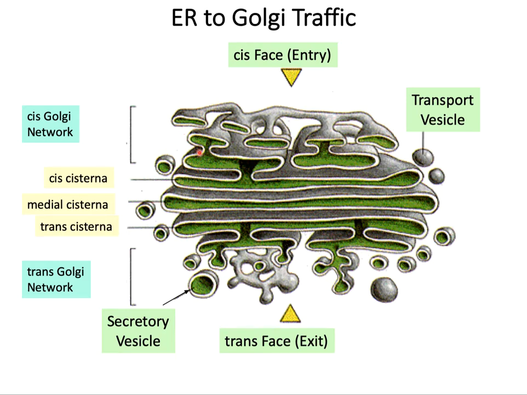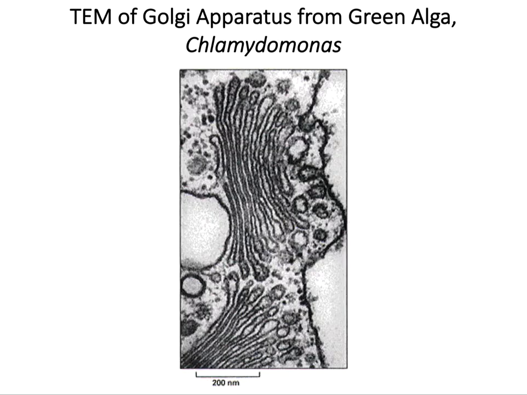When you look at the transmission EM of the Golgi apparatus, you can easily see these swarms of vesicles, and these vesicles are fusing to form the Golgi from the ER, or leaving the Golgi to deliver the protein cargo to the other parts of the cell. Or you might be seeing vesicle trafficking between the cisternae as well. So here is a transmission EM of the Golgi apparatus from green algae, which is called Chlamydomonas.